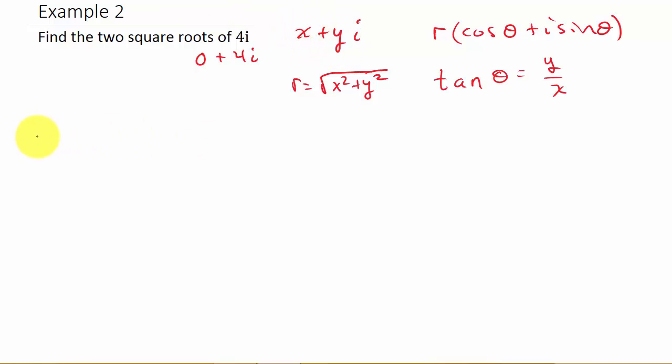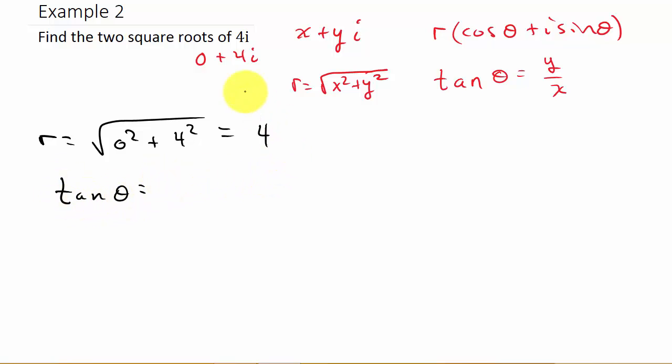Let's go ahead and find r. r is the square root of 0 squared plus 4 squared, and so that's just going to give us r is 4. Now, look at this. Tangent theta would be 4 over 0. That's undefined, so we can't use tangent theta equals y over x.